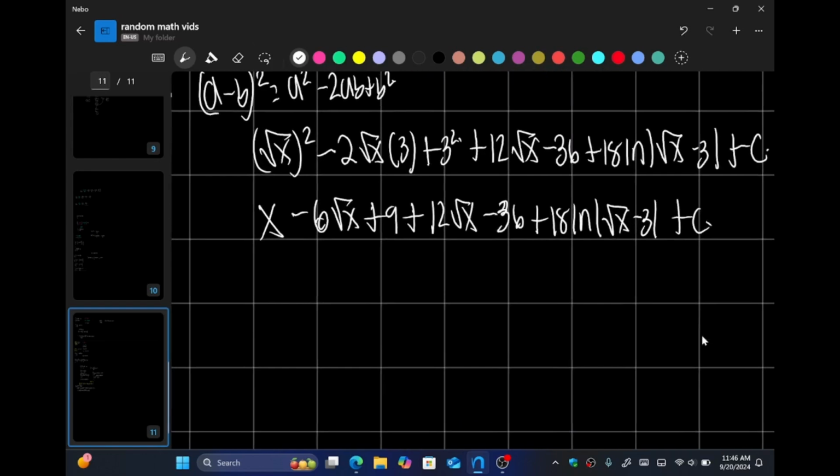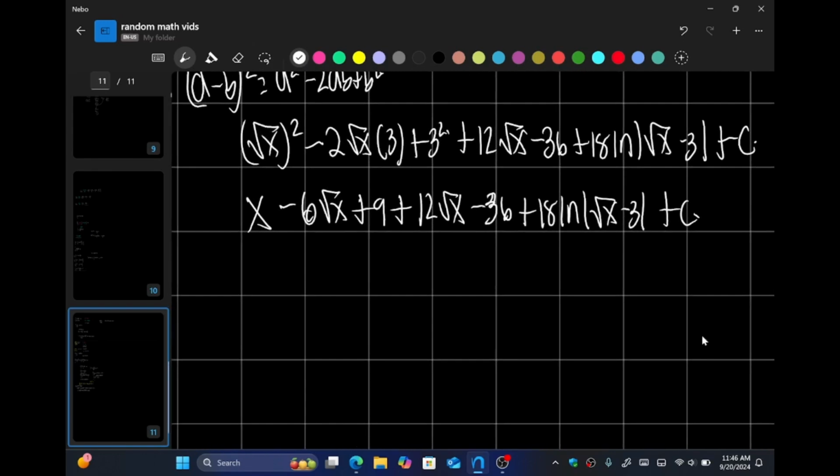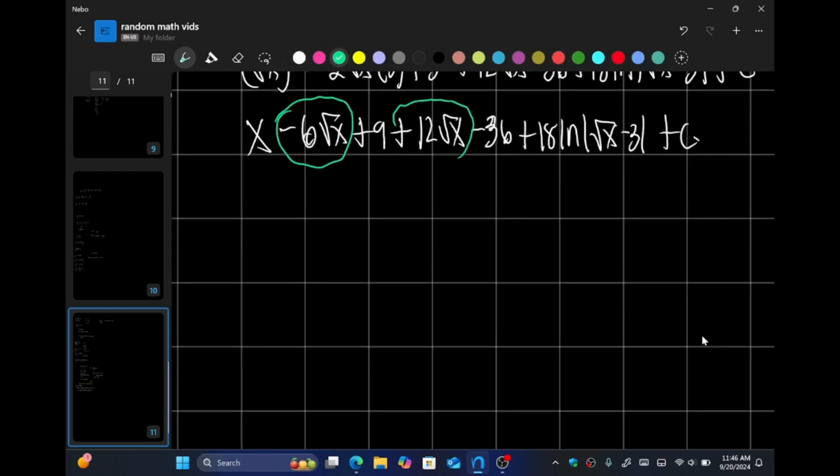Okay, so here we know that we just have to combine like terms. So we have this going on and this going on, as well as this and this, right? So then we're going to have x plus 6 square root x, right?